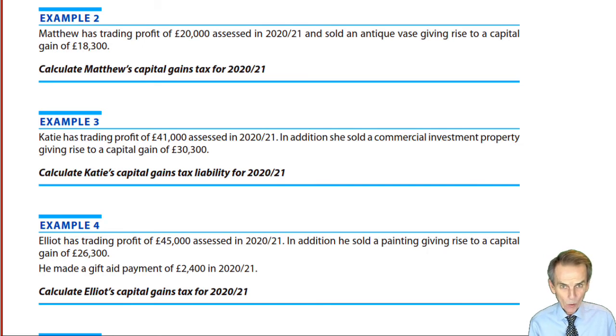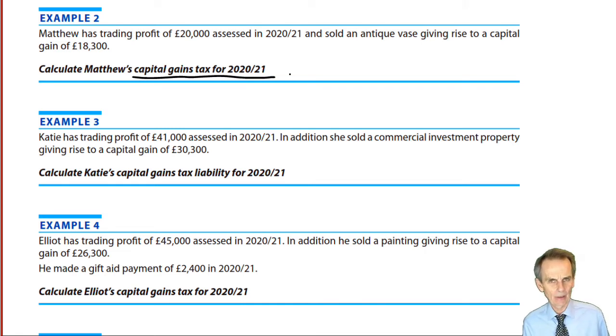Now then, what is required? Looking at example 2, as it will be for each of these, calculating the capital gains tax liability for our tax year 2021. Read the information carefully. Again, what we have seen is that in an objective testing question for a couple of marks, we may be presented with the taxable gains, the taxable income, or we may not.